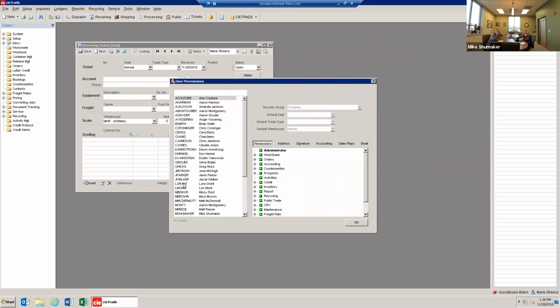So like Laura, your default trade type is plant because you don't really do much brokerage. Missy doesn't have one because she does a lot of brokerage and a lot of plant and a lot of intercompany. But for some folks who don't really do more than just plant stuff, I just went ahead and put in the default trade type to plant. But you can still accidentally change it as you're going through the fields.